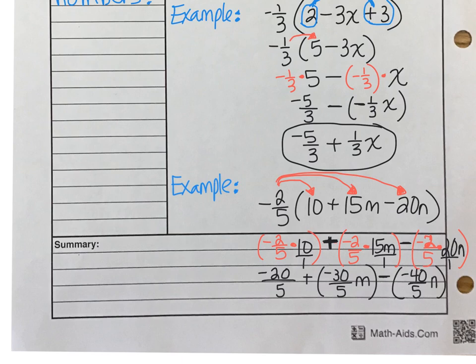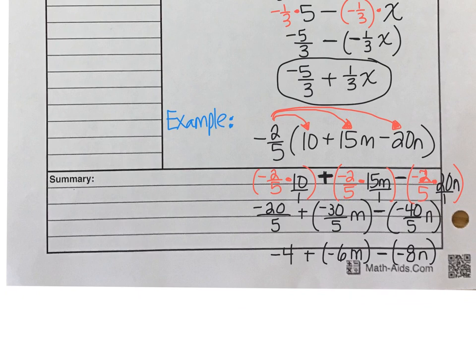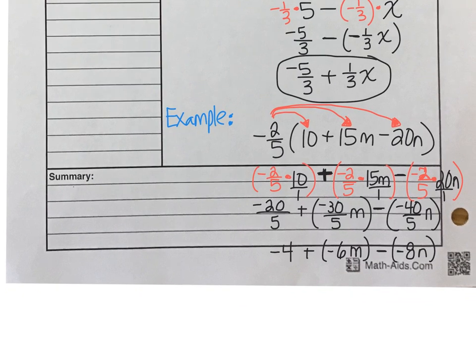So negative 20 divided by 5 gives me negative 4, plus negative 30 divided by 5 is a negative 6 times m, minus a negative 40 divided by 5 is a negative 8n. Now there's one more step that I have to do here, and that is to shorten up those subtractions and the opposites, and let's rewrite that and make it look a little bit cleaner.